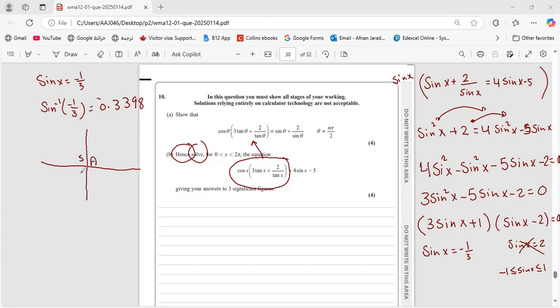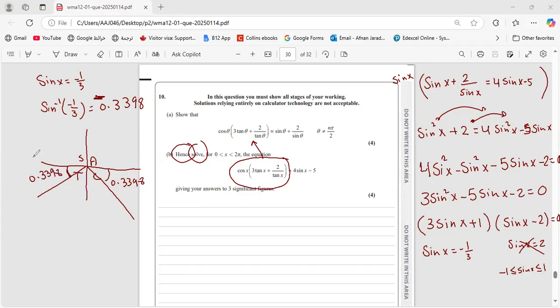The meaning of negative is to go clockwise. Ask yourself when sine is negative, in which quadrants is sine negative? All Students Take Calculus, so in Take and in Calculus. So this angle with the x-axis is exactly like this one, 0.3398.